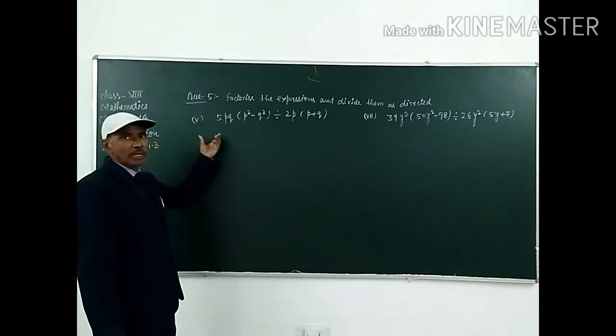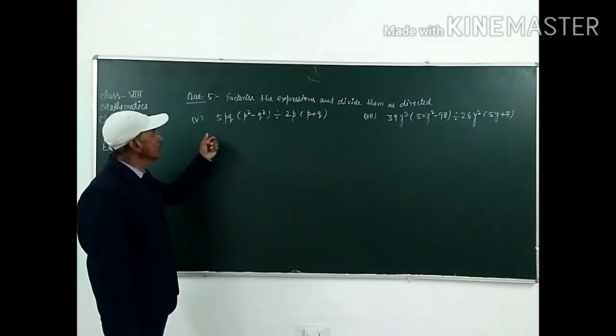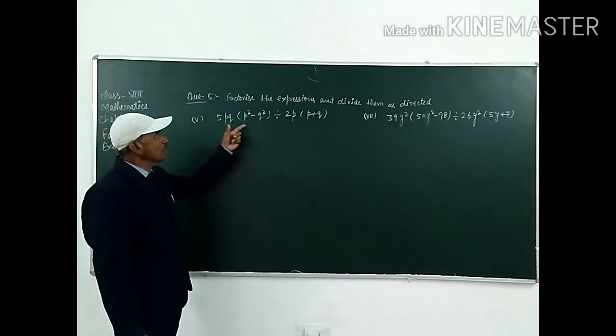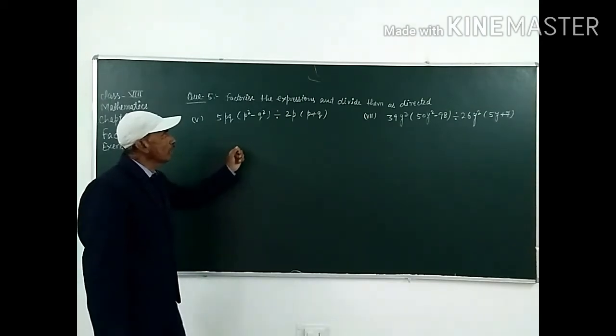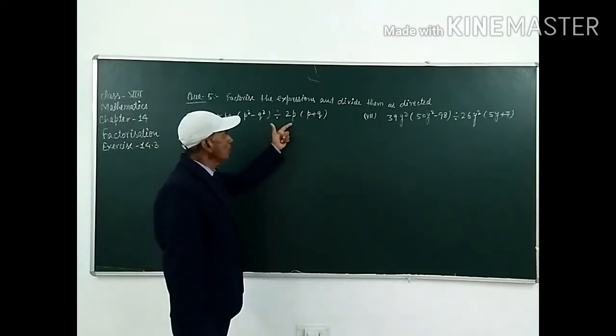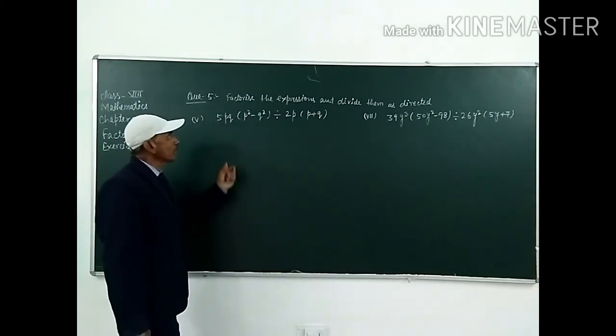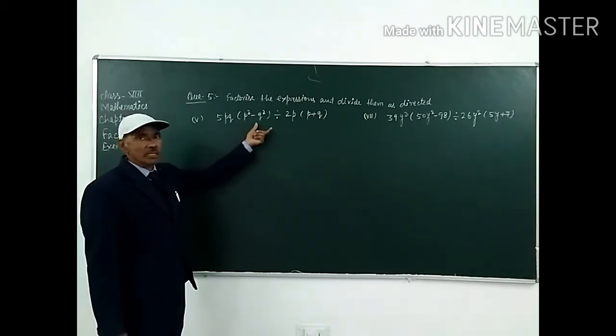This is the fifth part of question number 5, student, and in this, 5pq into p square minus q square divided by 2p into p plus q. So student, in this part there is p square minus q square.